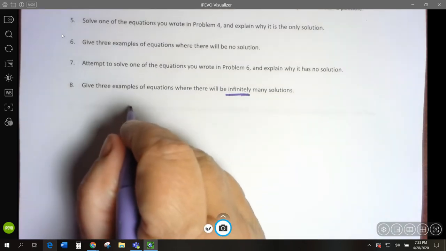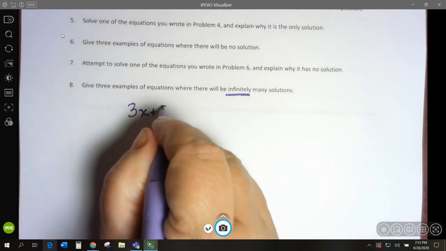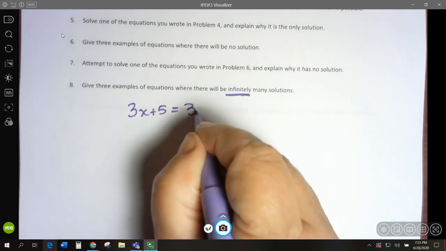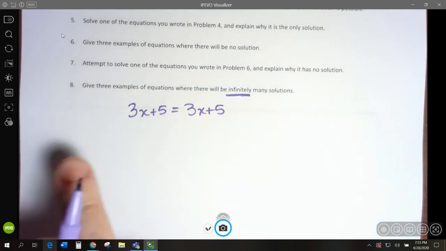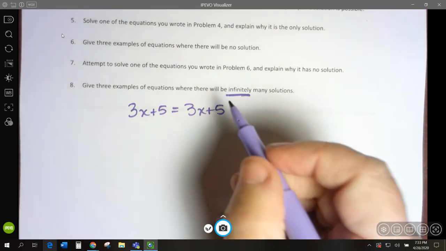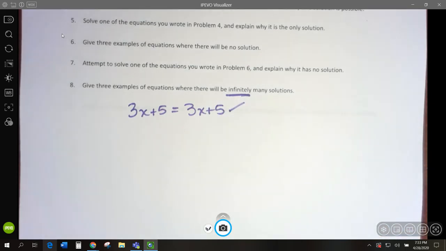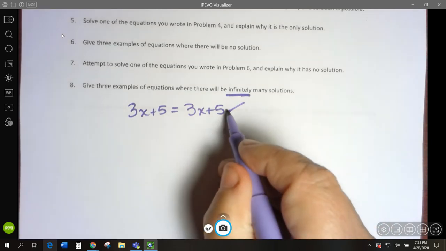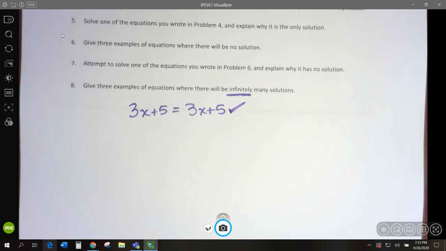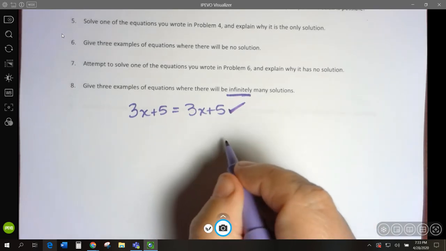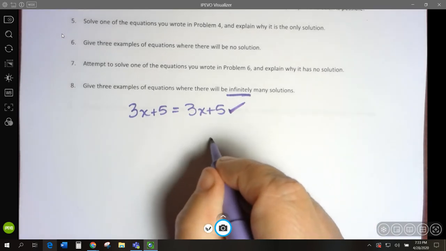So if I have 3x + 5 = 3x + 5, you're going to have an infinite number of solutions. Any number you pick for x is going to make this true. You can pause the video, try 3 or 4 different numbers, but it should always be true.